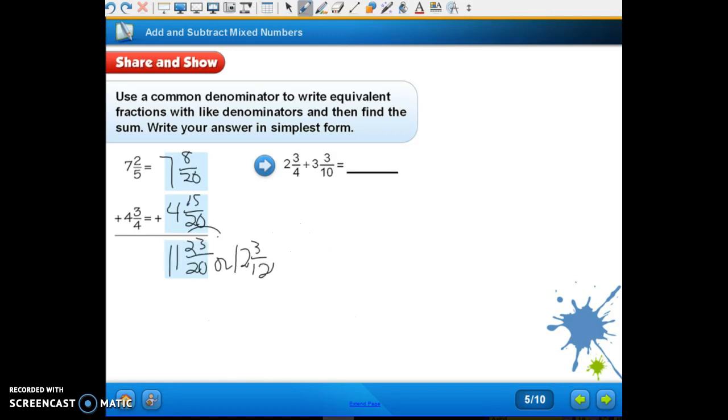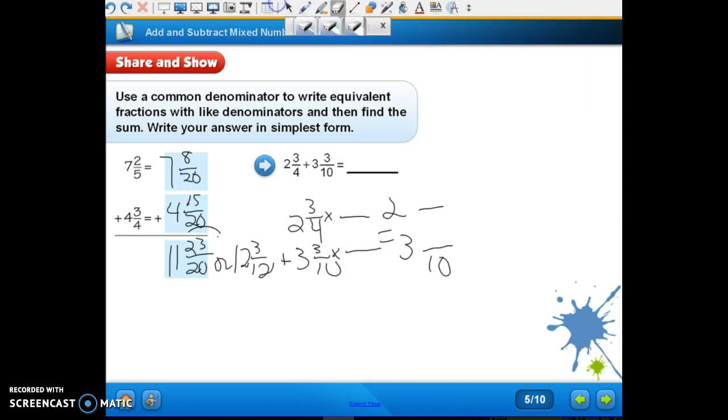So this is number 2 at the bottom of page 266, 2 and 3/4 plus 3 and 3/10. Okay, so let's write that down. 2 and 3/4 plus 3 and 3/10. What is going to be our common denominator between 4 and 10? 20.